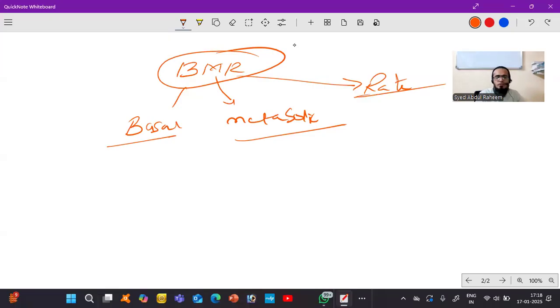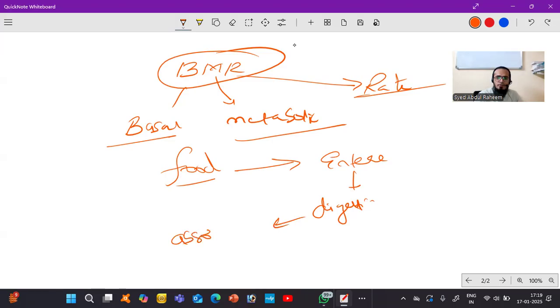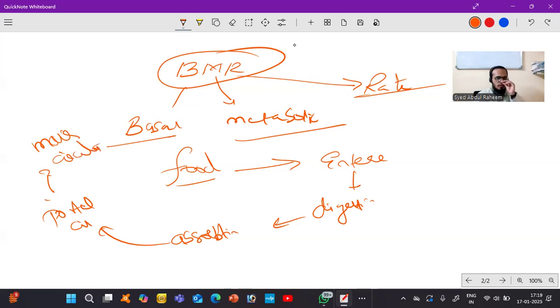So when we take food, it enters in our body, digestion will happen, then absorption will happen, then it will enter into portal circulation, then enter into main circulation. So this is when the digestion process stops.